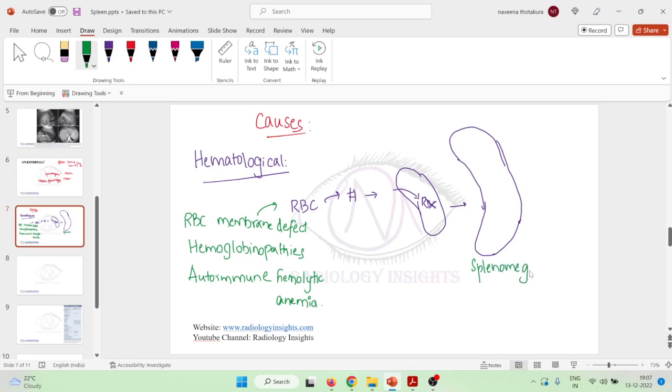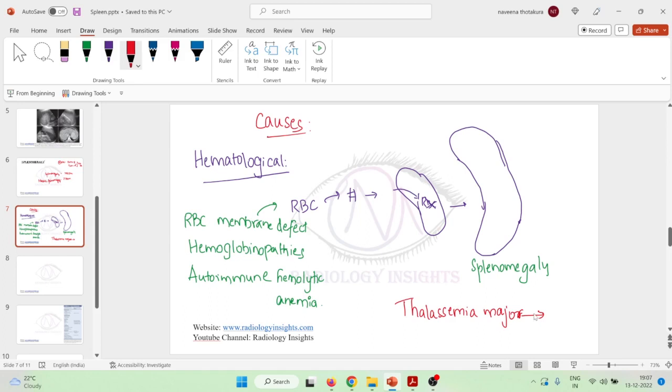Among all these hematological disorders, one important thing is thalassemia major. In thalassemia major, that is beta thalassemia, beta chains are not produced.